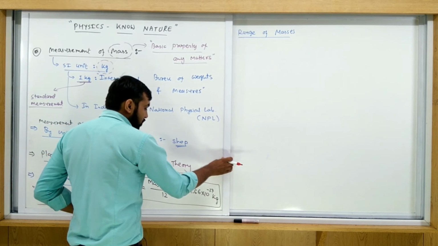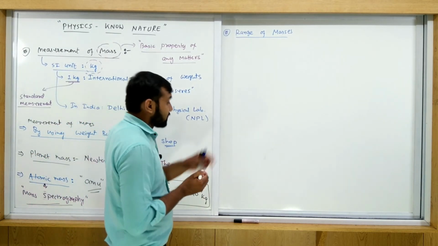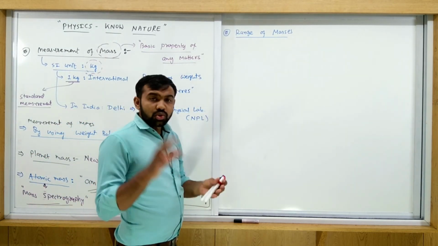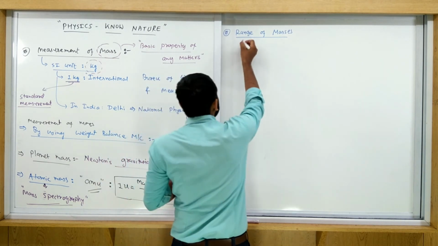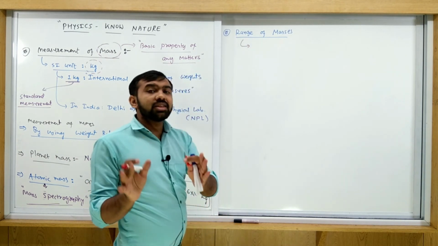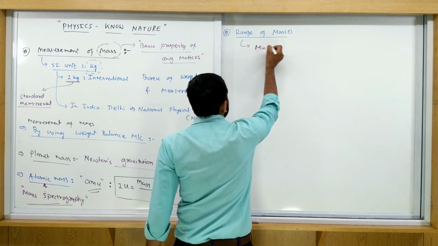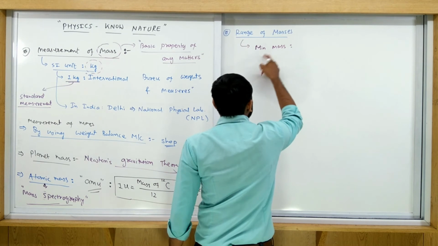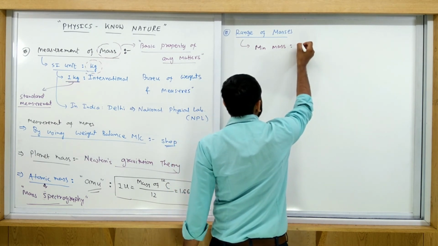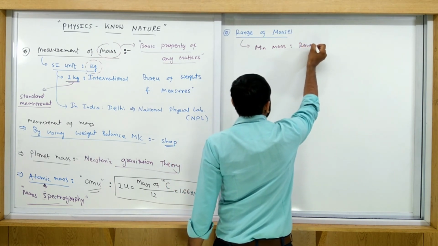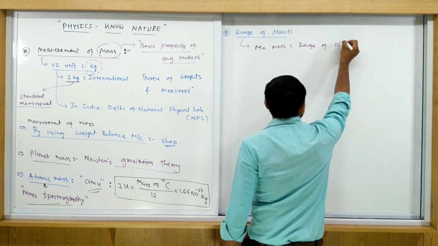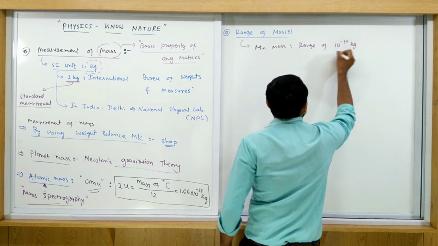If you consider the range of masses, the minimum mass is in the range of 10 raised to minus 30 kg.